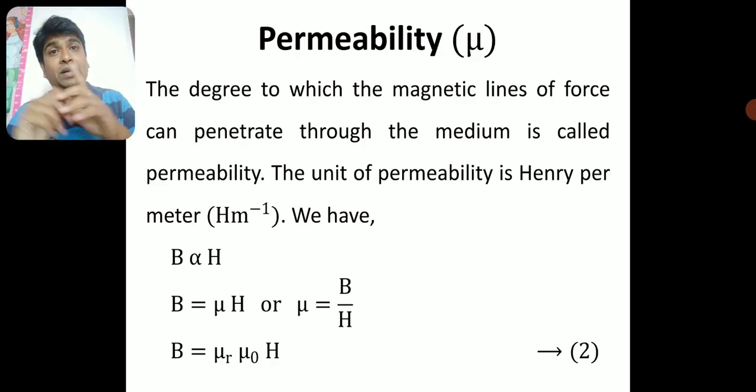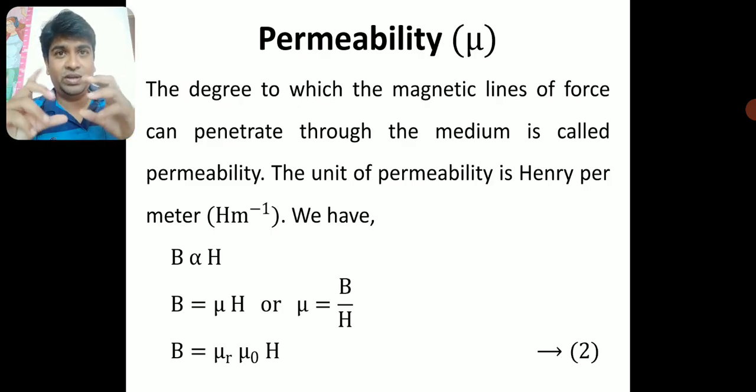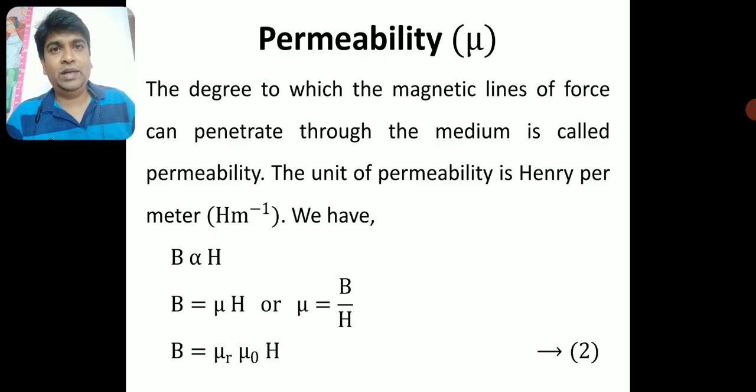But this epsilon is different. The permittivity is different. It is the obstruction for the electric lines of force. Students, you need to differentiate these two. There I am using epsilon in electrostatics. Here in magnetostatics I am using permeability mu. The permittivity epsilon is the obstruction caused by a medium for electric lines of force.